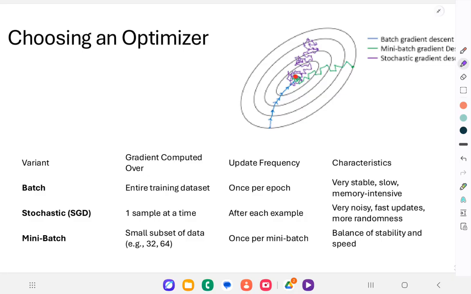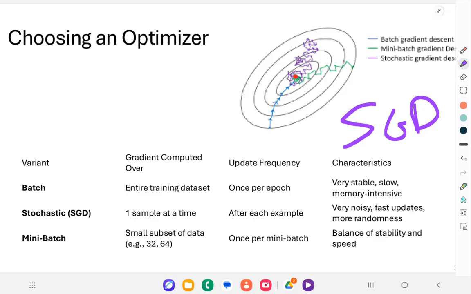So we have the stochastic gradient descent, the SGD. This one uses the raw gradient. It's simple and computationally efficient, but it can be noisy and slow to converge, especially when gradients oscillate.